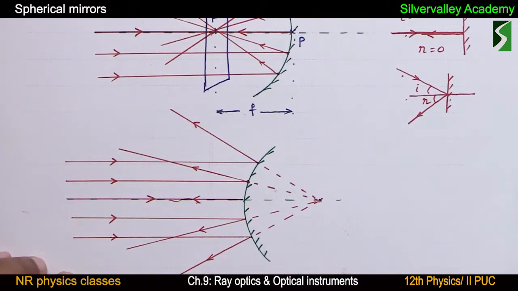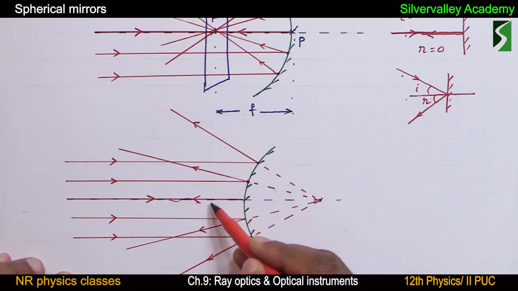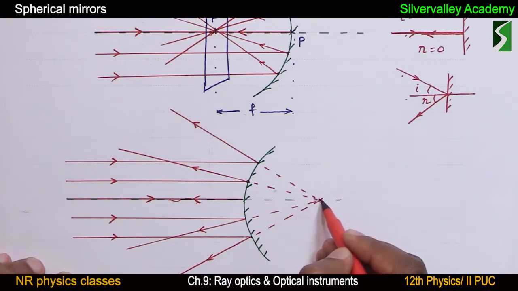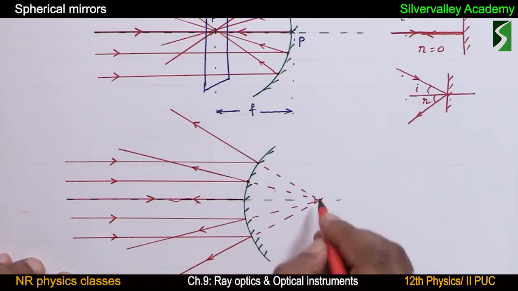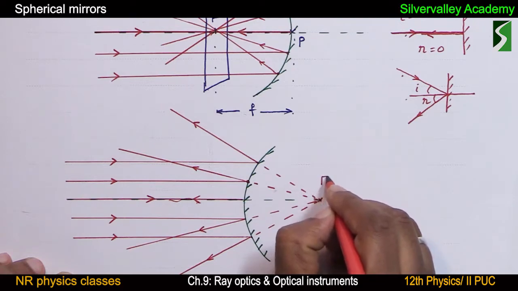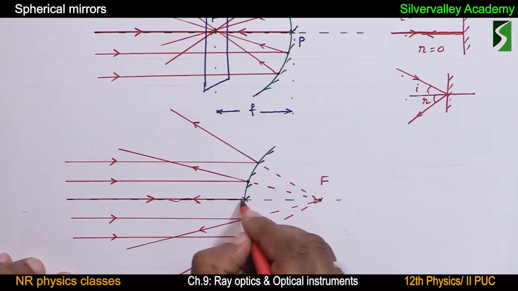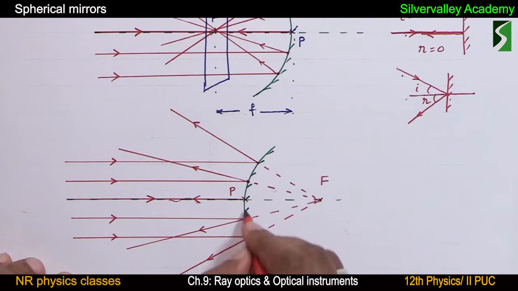Observe, all these reflected rays appear to be coming from some point behind the mirror, and that point is the focus. This is the pole. The distance of the focus from the pole is the focal length.